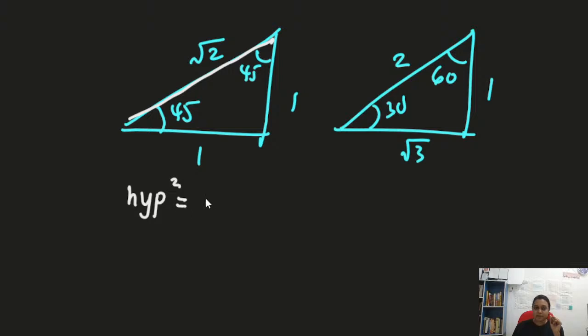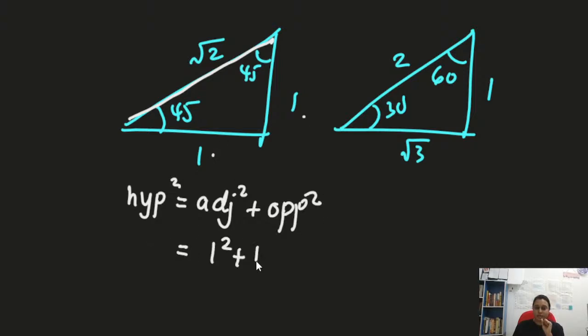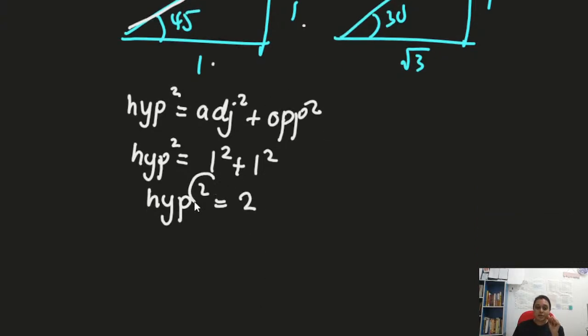Hypotenuse sama dengan adjacent, adjacent is bersebelahan, tambah opposite, isn't it? So adjacent and opposite ialah 1 kuasa 2 tambah 1 kuasa 2. Correct. Though the hypotenuse kuasa 2, right? Okay. So dekat sini kita dapat 2 betul. So kuasa 2 you pindah go there. So that is why you get √2.